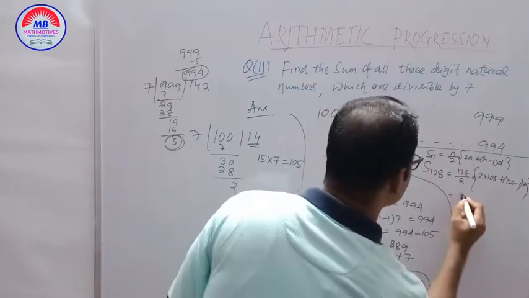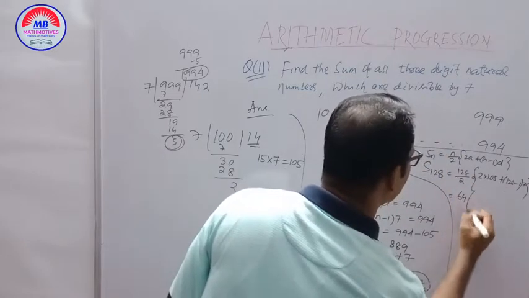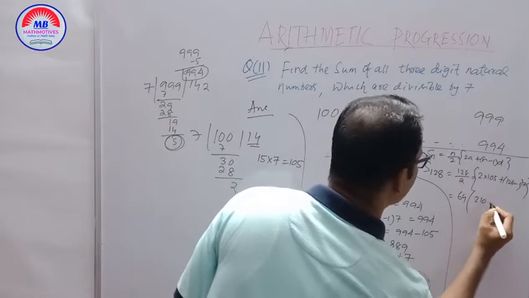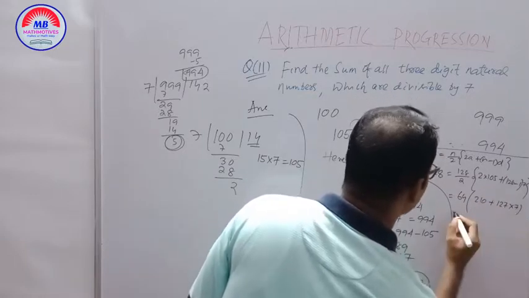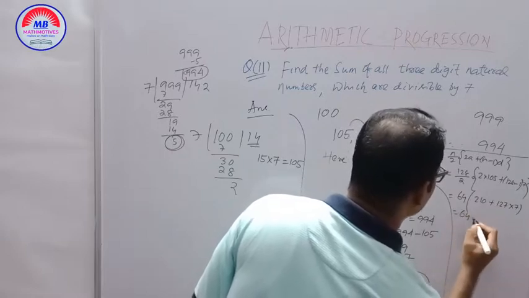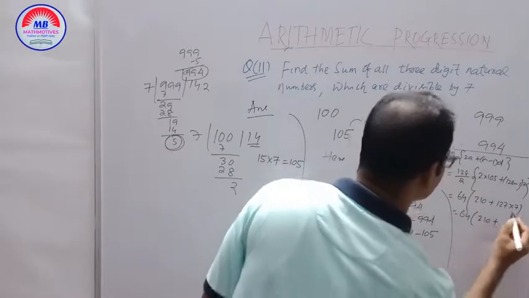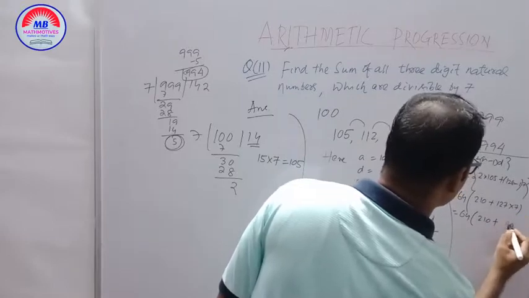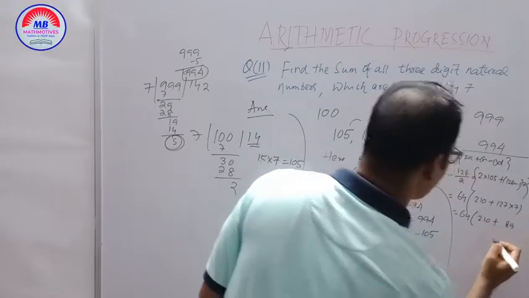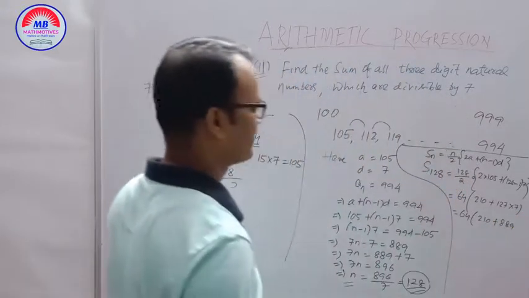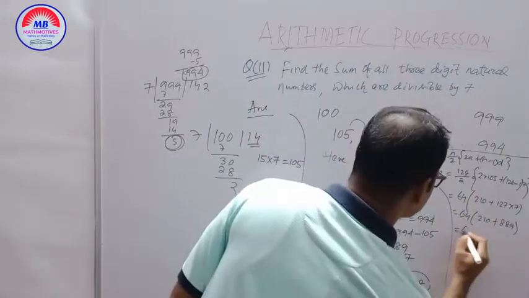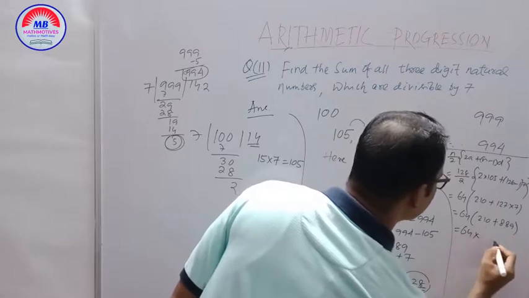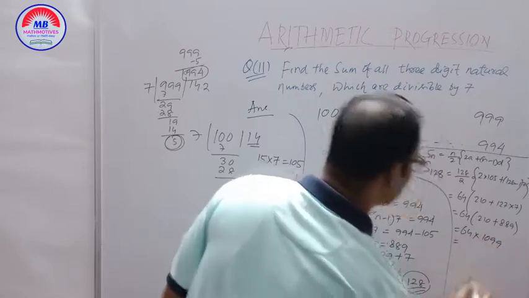Equal to 64 into (210 plus 127 into 7). 64 bracket 210 plus 889, that is 1099.